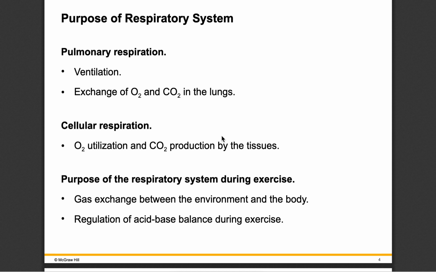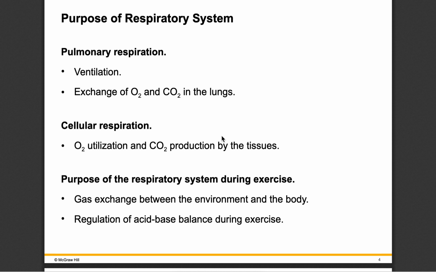So remember, the purpose of our respiratory system is to provide pulmonary respiration, so ventilation through the exchange of O2 and CO2 in the lungs that goes into the blood and then eventually to the rest of the tissues for cellular respiration. And we've talked about the importance of those two things, of why we have O2 and then getting rid of CO2.